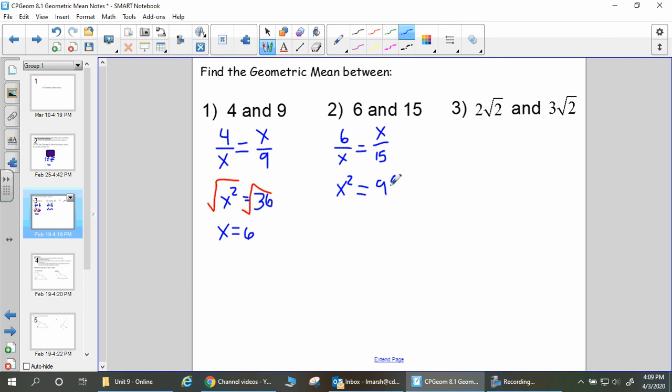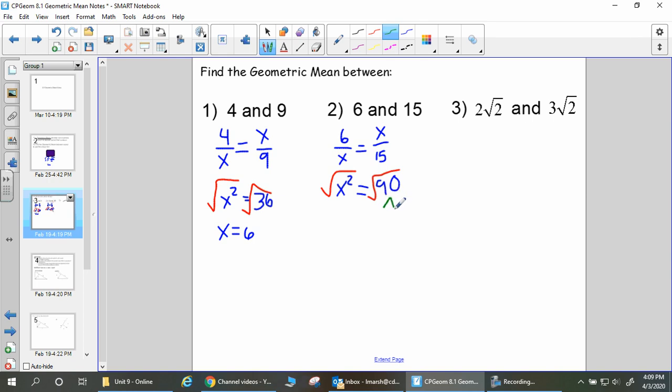The key here now is if I go to square root both sides, 90 is not a perfect square. So how do I handle that? Well, this is why we did that quick review, because I'm going to ask that you provide me a simplified square root and a decimal to the nearest tenth, much like we did earlier in the year.